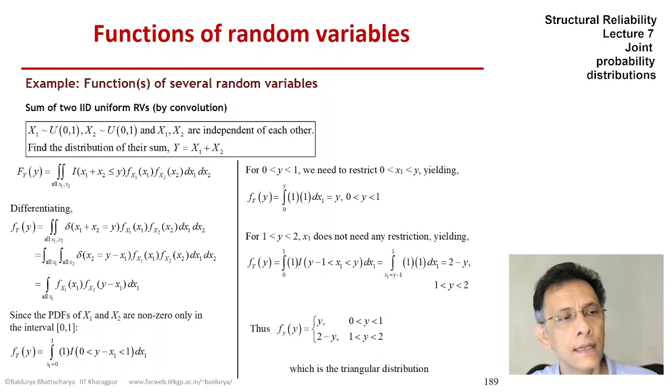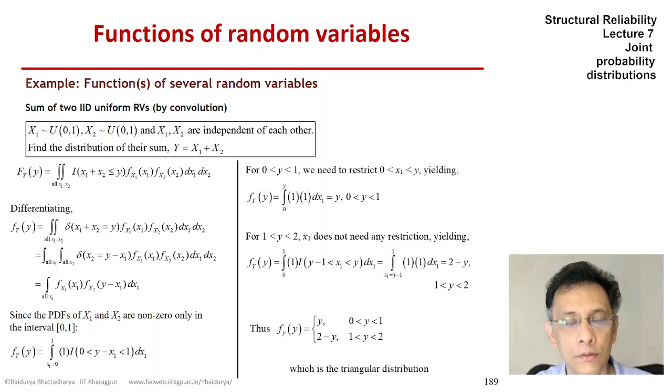And in fact, this is kind of a precursor to what we will see later when we add several such uniforms. If we added a few more uniforms, it's going to look more and more like the normal density function. And just by adding two of them, you kind of start getting the shape.